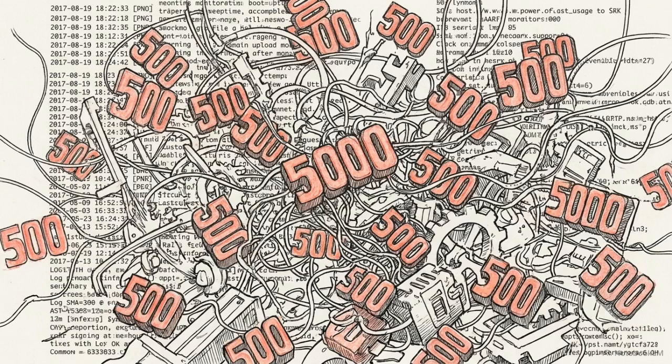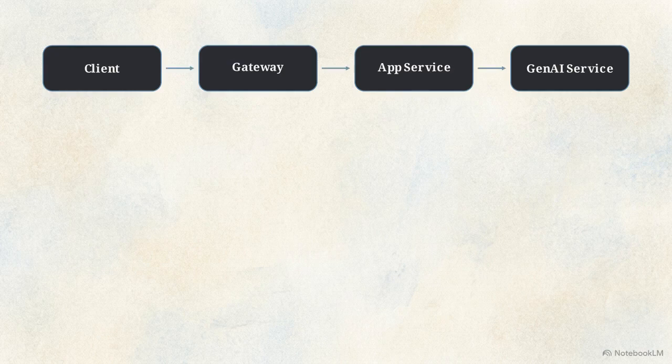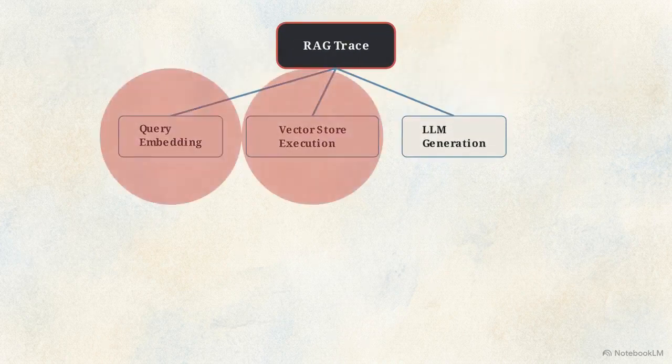Traditional application performance monitoring lacks the schema to track complex semantic routing decisions and dynamic token generation. To resolve this, the industry standardized around OpenTelemetry, specifically utilizing the GenAI semantic conventions to record telemetry data across multi-step workflows. OpenTelemetry captures a request as a hierarchical tree of spans.